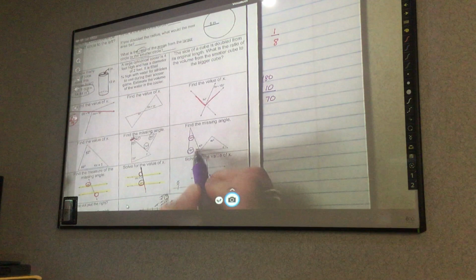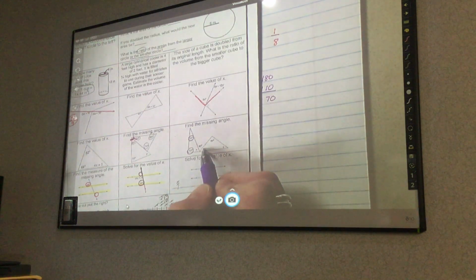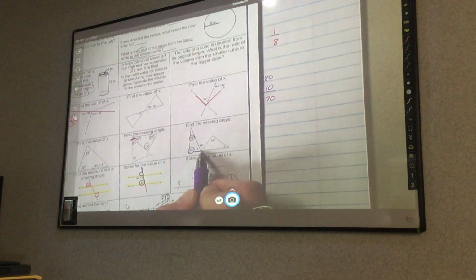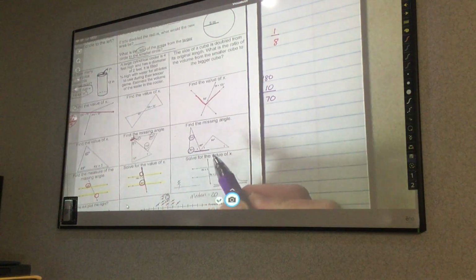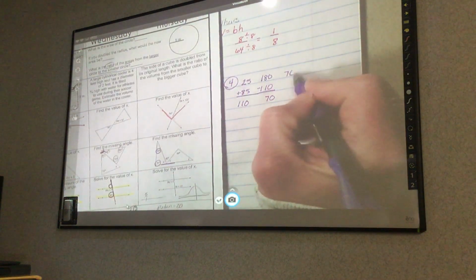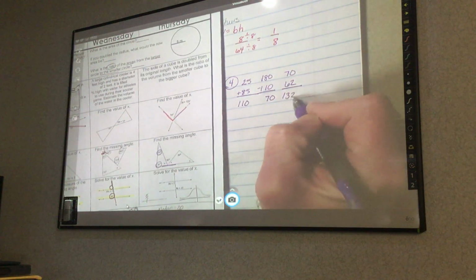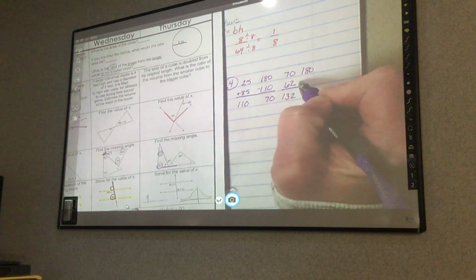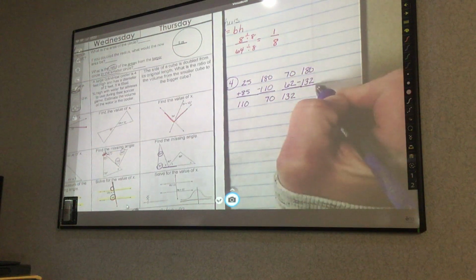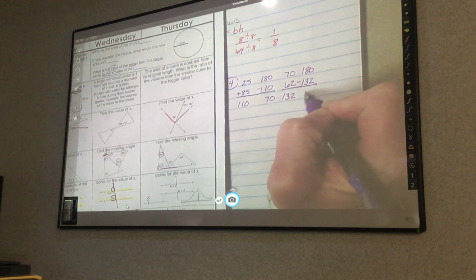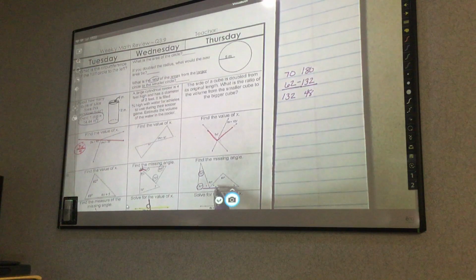So then I have this angle plus 62 plus this. What do they equal? 180. So I take 70 plus 62 equals 132. So then I have 180 minus 132 equals 48. So now I know this angle is 48.